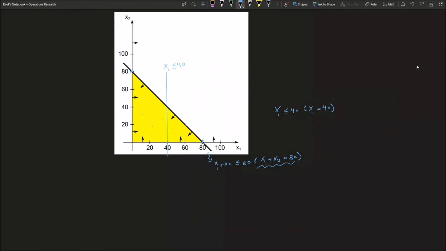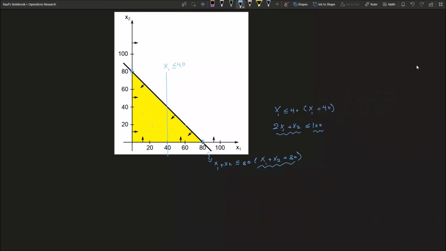Okay, we have another constraint saying 2x1 plus x2 less or equal to 100. So let's find the slope and the start and end points for the equation 2x1 plus x2 equals 100.